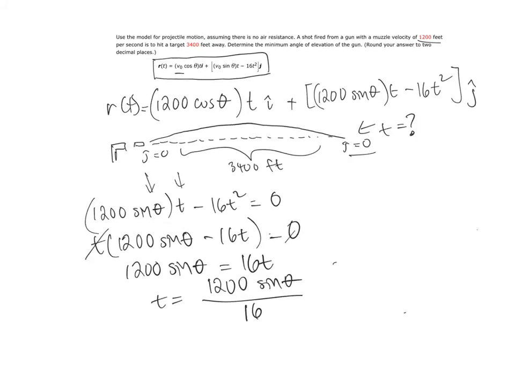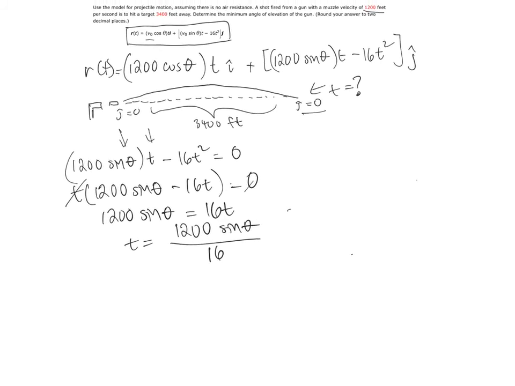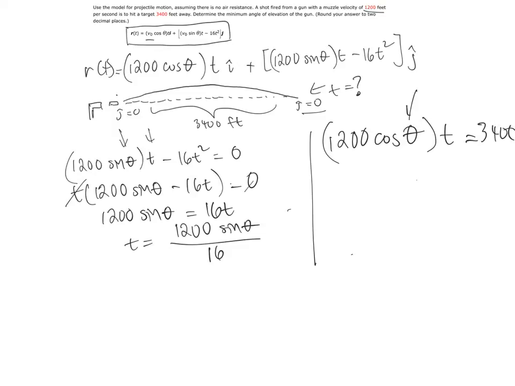Now for the i component, if you travel from the initial displacement, the final displacement is 3,400. So if you set your i component equal to 3,400 and then solve for theta, you get the angle.